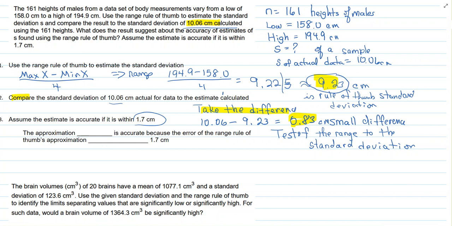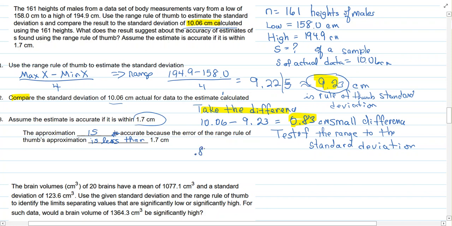And I am going to write the approximation is accurate because the error of the range rule of thumb's approximation is less than 1 7/10 centimeters, because we know that 83 hundredths is less than 1 7/10 centimeters.